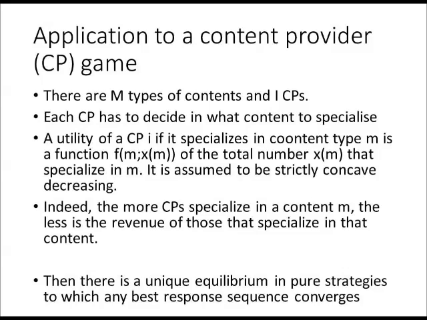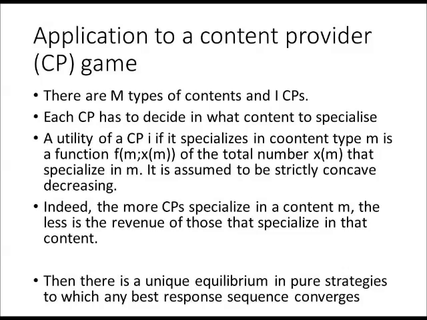The utility of a content provider i, if it specializes in content type m, is a function that depends only on the type of the content and on the number that specializes in it. So it is this function f of the total number x_m that specialize in m.